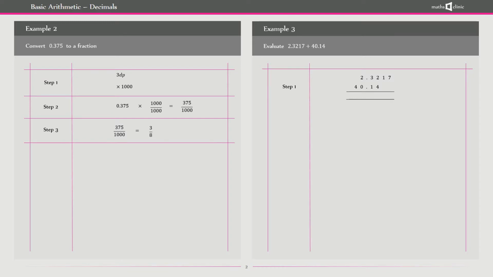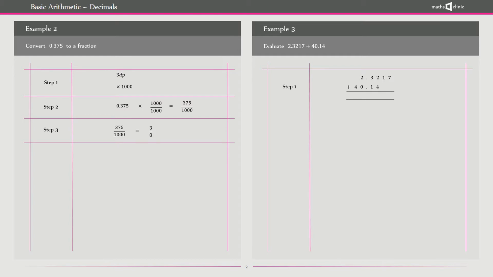Okay, and then just like you add pretty much any number, you can go ahead and add 2.3217 plus 40.14, and anywhere there isn't a number, for example, there isn't a number under 1, there isn't a number under 7, and there isn't a number above 4 on the left end, you just assume we have zeros there.